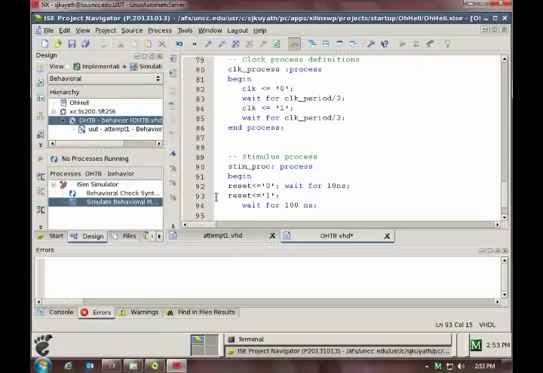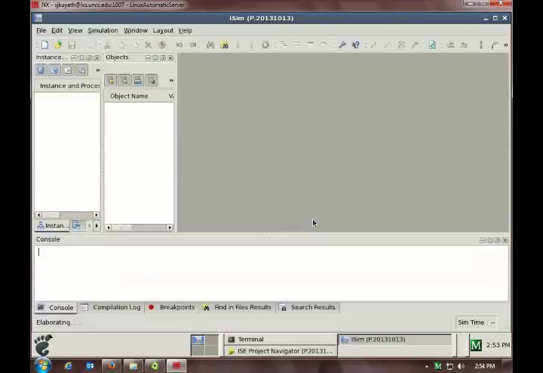And I'm not going to tell it to wait for any amount of time. I'm just going to save it, and try running it and see if at least the reset does what it's supposed to do.